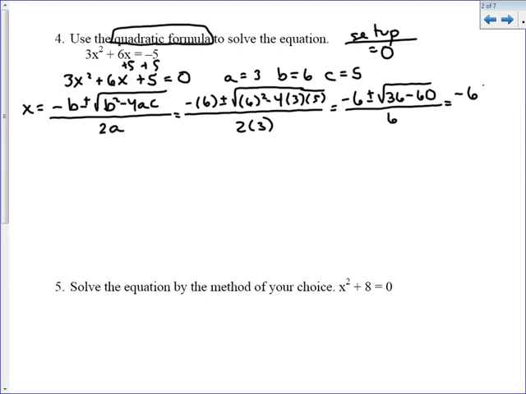So negative 6 plus or minus the square root of negative 24, all over 6. Are there any questions just on substituting the numbers in and doing that initial simplify?